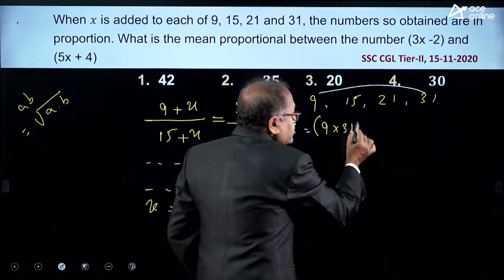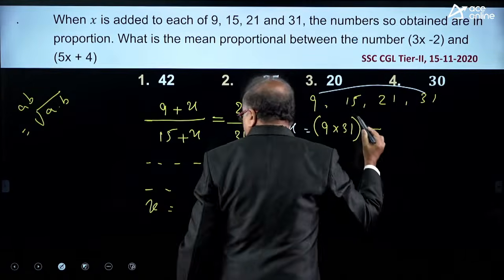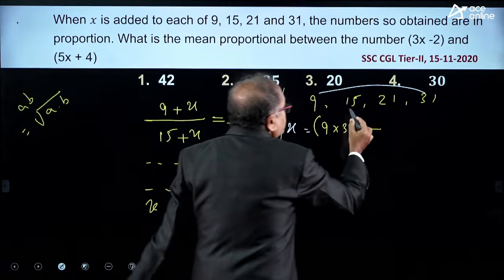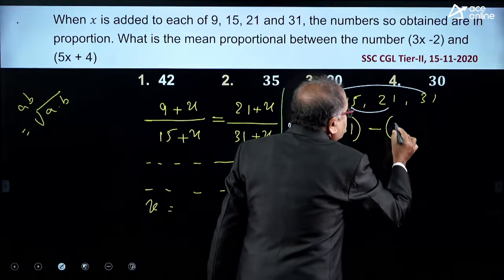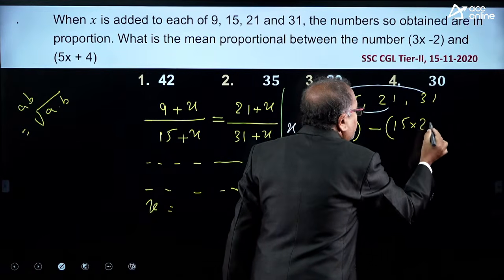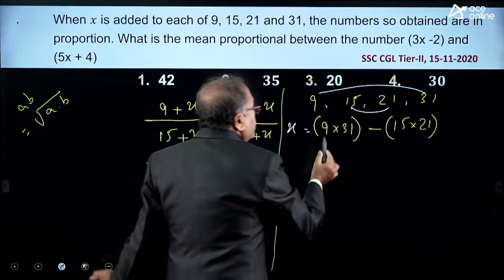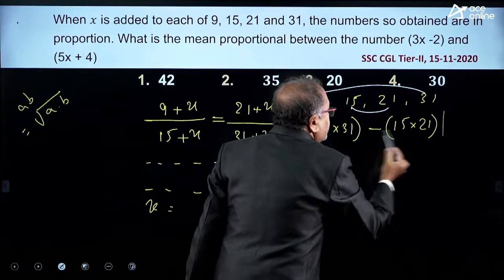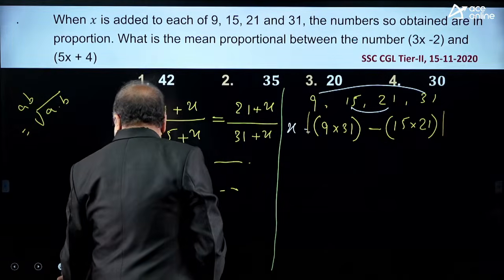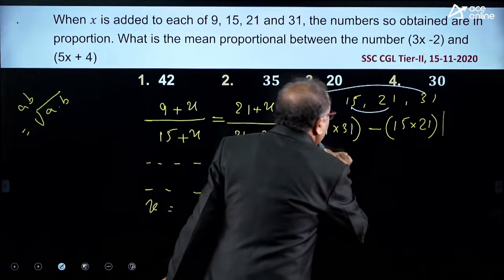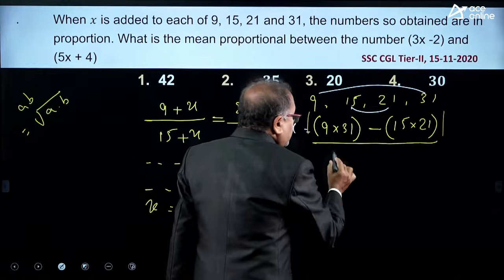And here minus 15 into 21, and this should be in mod. You are understanding that we take the difference of these two. The sign does not matter. Divided by 9 plus 31, that comes to 40.